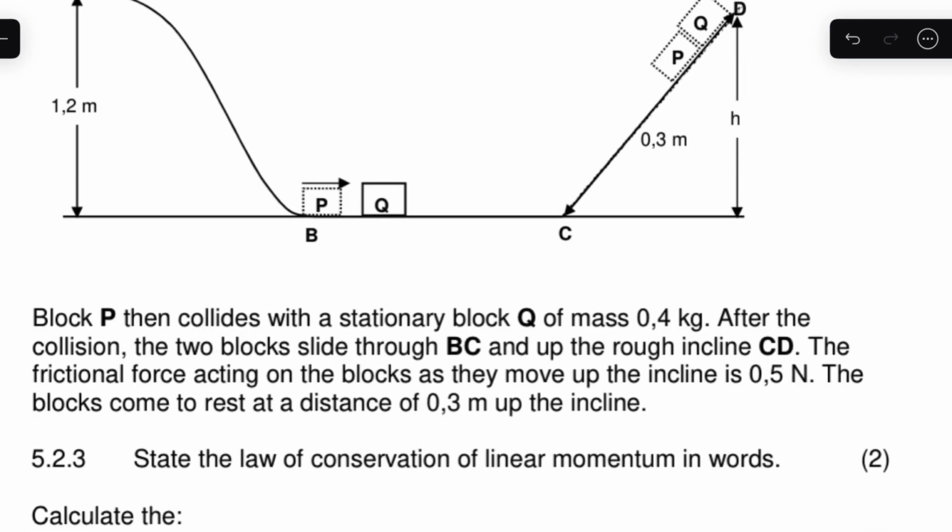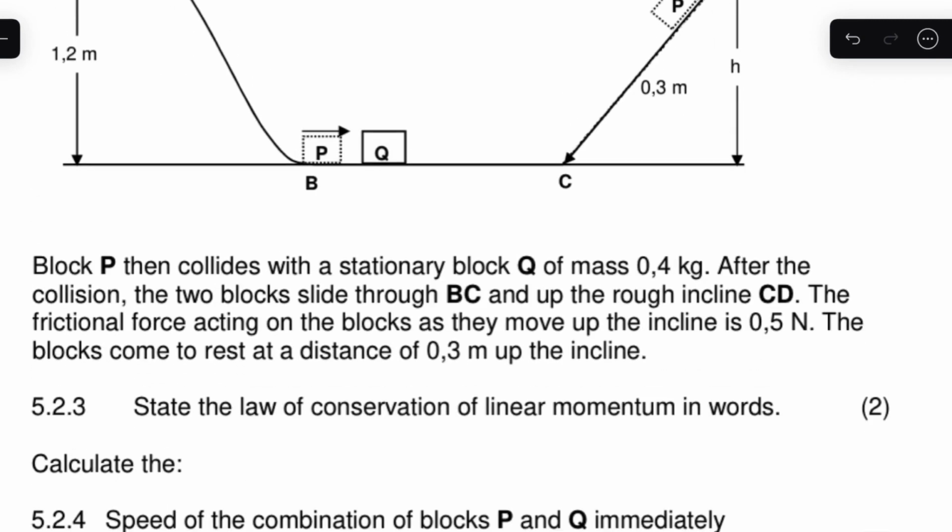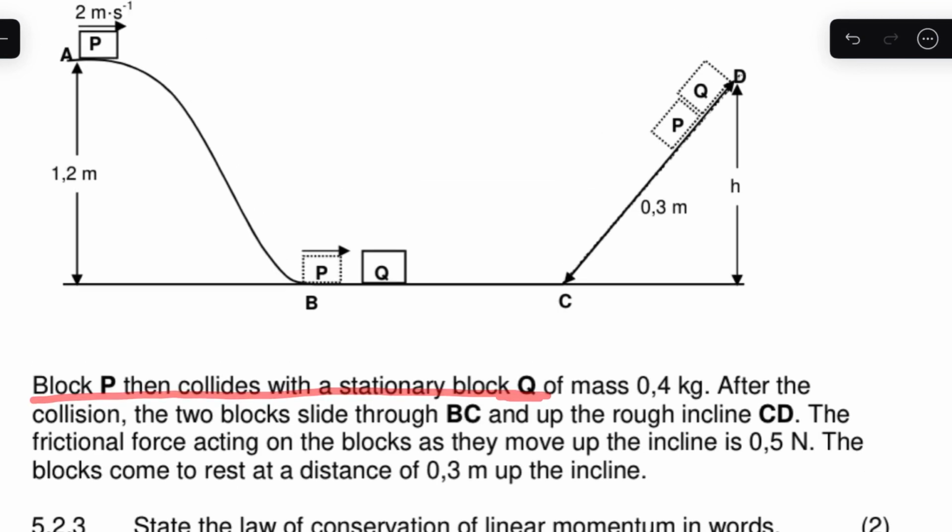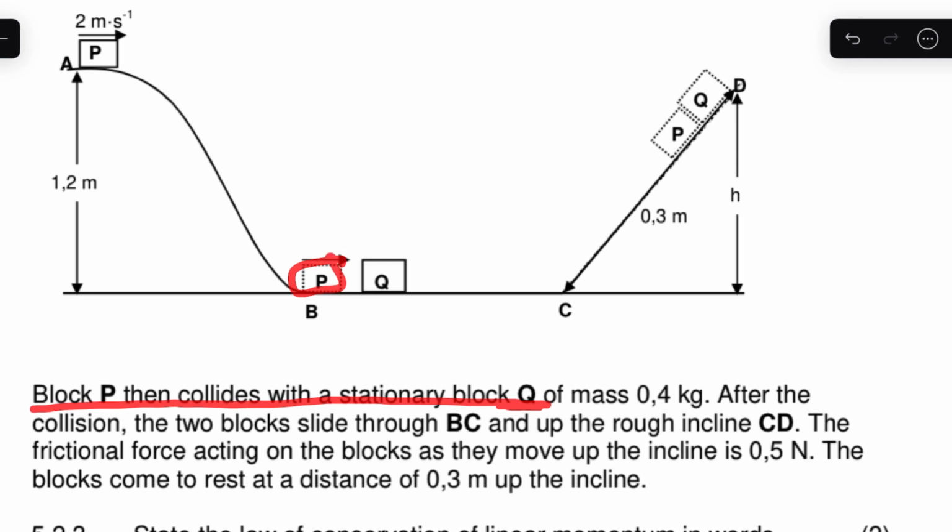The next question here, we're given this statement. It says block P collides with the stationary block Q. So they collide, these two. So this one reaches this point with the velocity of 5.25, which is the initial. And then the initial of Q is what? Is 0. So these are the velocities before collision, right? So they collide.